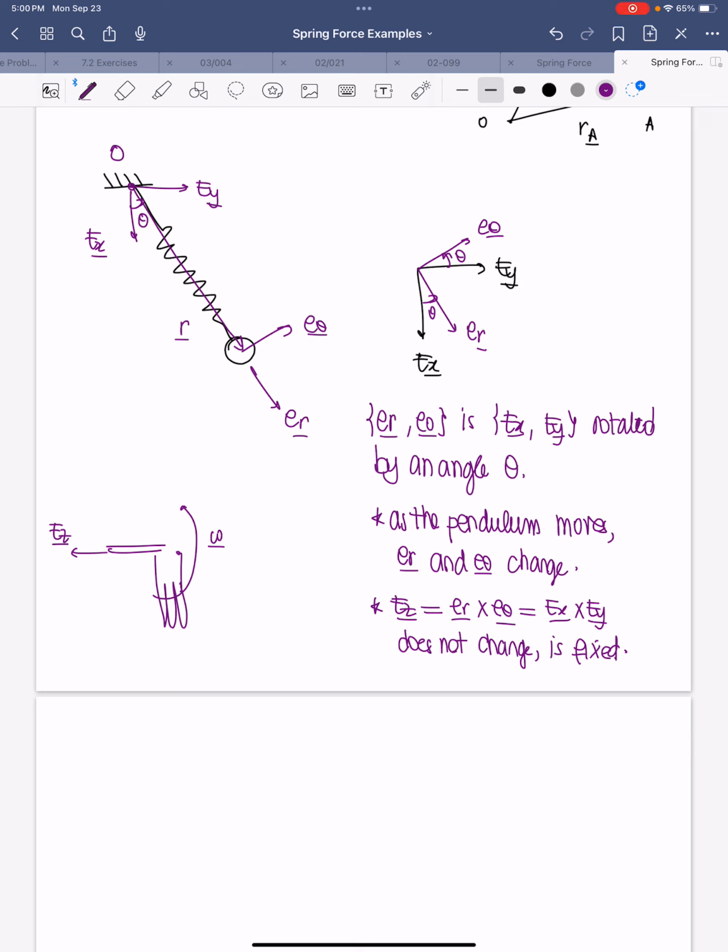So what's happening here is that E_r and E_theta are rotating in this arc, like in this omega, and the axis of rotation is out of the page, pointing towards us.